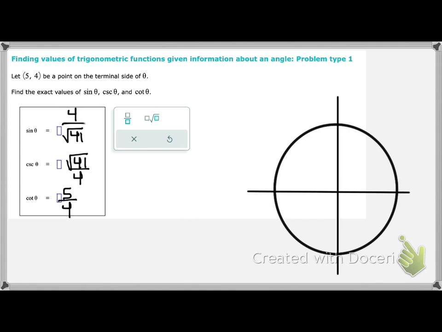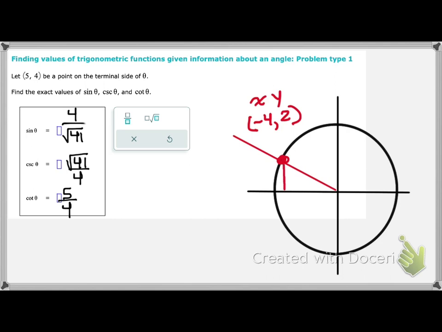What if I had an angle with a terminal side that ended up in this quadrant over here? Then I would have to know something about this point, and I'll just make something up, like the point (-4, 2).